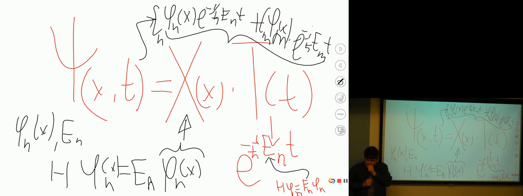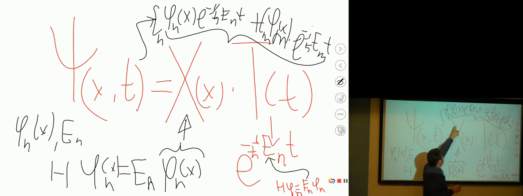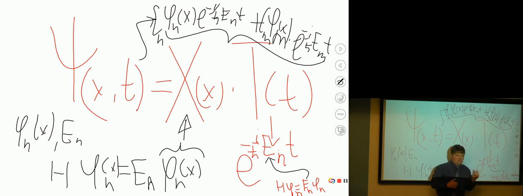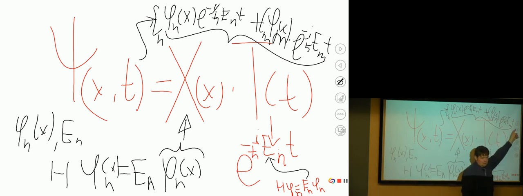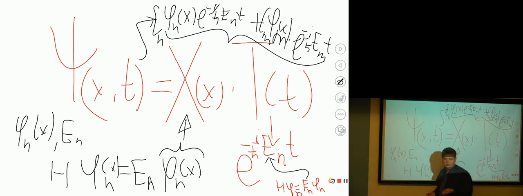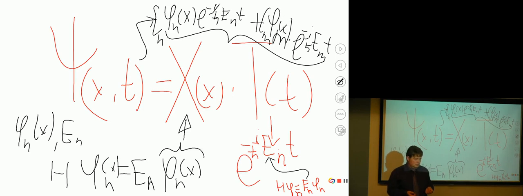Here I'm showing only two terms. But if you have 100 solutions of the time-independent Schrödinger equation, then there will be 100 terms in this expansion. And it will be a solution.